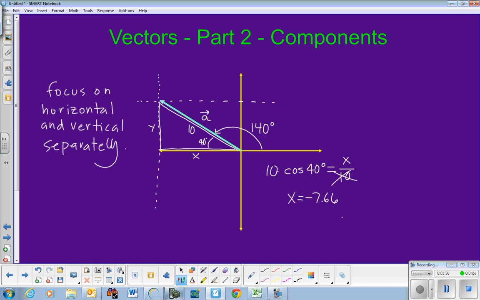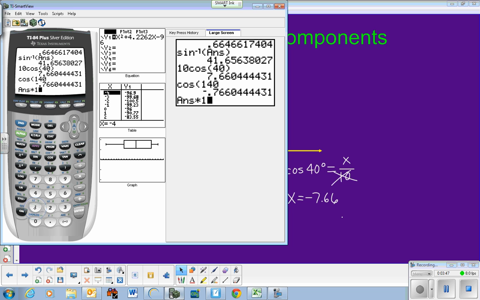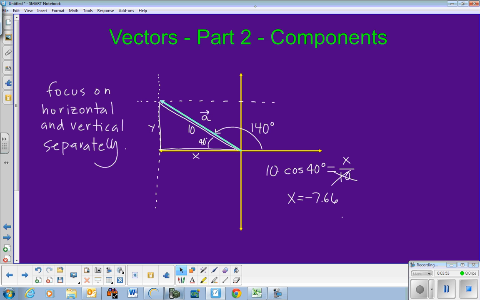Here's another way. Depending on what you know about unit circle trig, we can just use the 140. The cosine of 140 degrees is negative. It's negative 7.66 times 10, negative 7.66. Your calculator realizes that 140 degrees has rotated you over past north, into the second quadrant where x is negative.